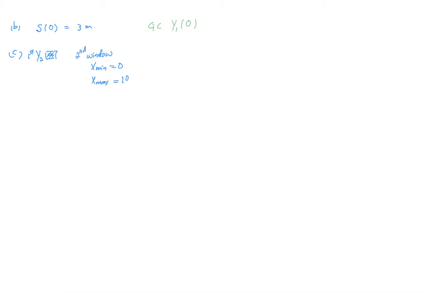Then after that, third step, what do you do? Zoom standard. No, you go to Zoom, select Zoom Fit. Have you selected Zoom Fit? The moment you select Zoom Fit, you will get the graph in this way.